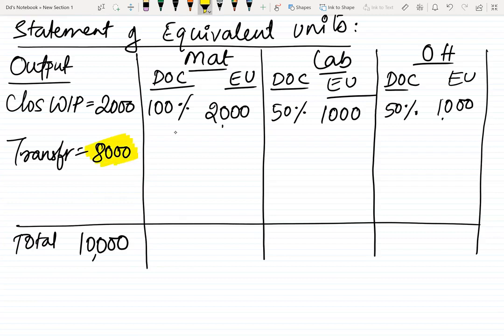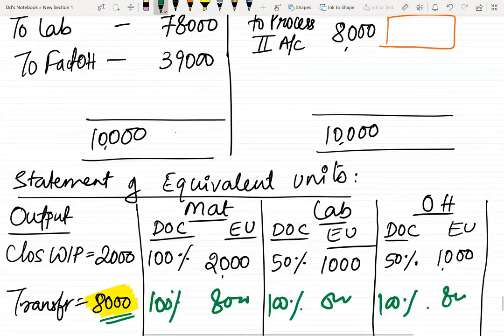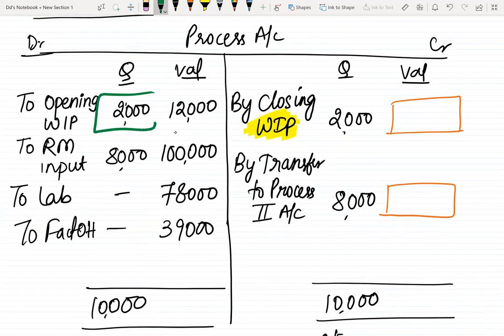Okay. Yes. Now the important part. Listen to me. All of you stop writing. Focus on the screen here. You have transferred 8000 units from process 1 to process 2 and we are working out problem under FIFO method, right? Listen to me, don't copy what I'm writing in green, it will be wrong. If I write transfer means 100%, 100%, 100% and then take 8000, 8000, 8000, don't you think you are fully ignoring the opening WIP?